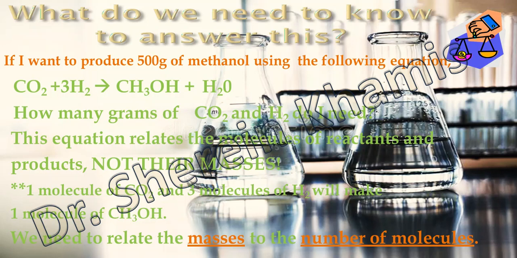Suppose we don't have any masses, as they are very small in amount; we have the number of molecules. If we have 1 molecule of carbon dioxide and 3 molecules of hydrogen in the equation, that will give 1 molecule of methanol.